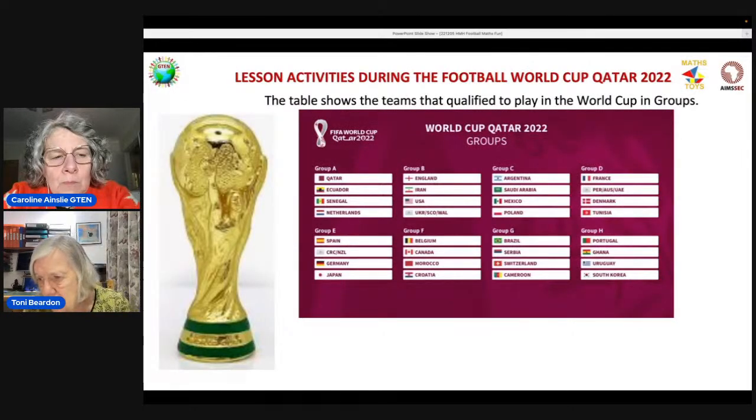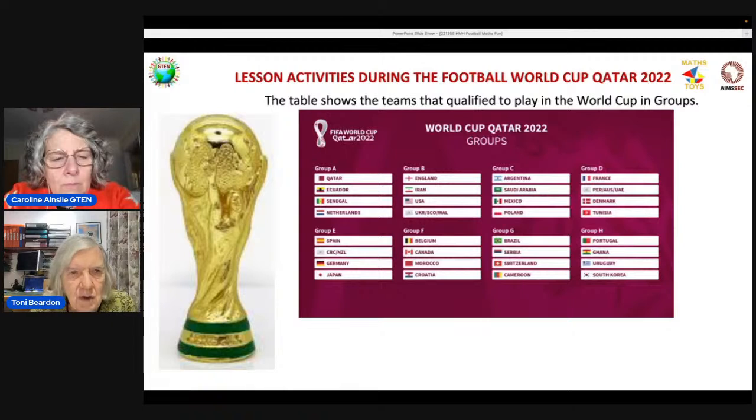So, okay, here's another problem. Now this was the original lineup of 32 teams that started, and now of course we're down to the 16. In fact, some of those 16 teams have already been knocked out.